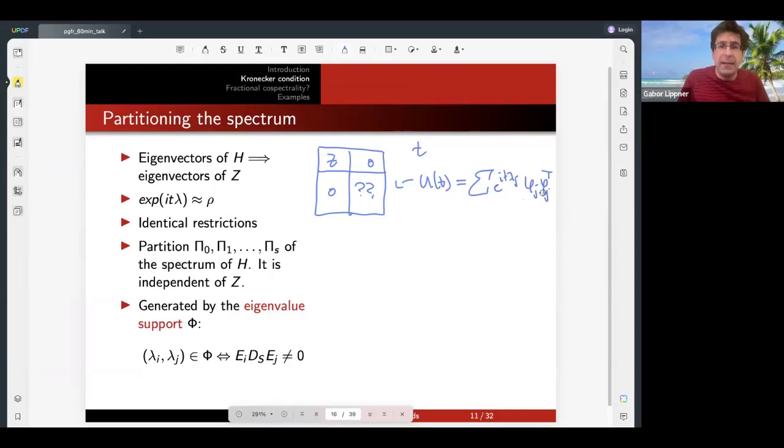And what this implies, if we have at this time this block diagonal structure, is that any eigenvector of H, if we restrict it to the subset S, must become an eigenvector of Z.